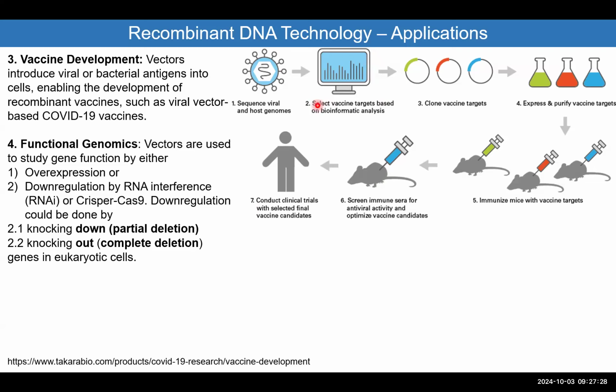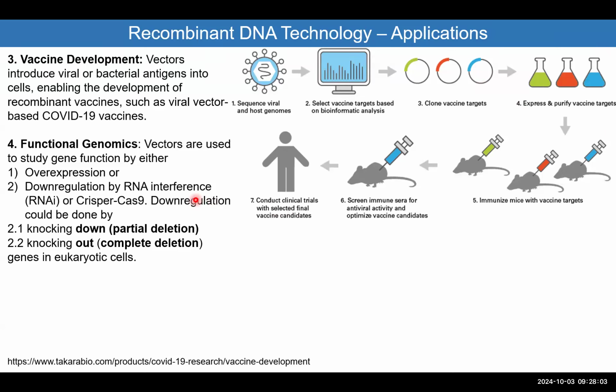What I'm trying to tell you is, if you have a virus that you don't know anything about, like COVID-19, and we would like to get a vaccine, you have to get the DNA and compare the viral DNA with other viruses so that you get genes very specific to this virus, and then you have to clone these genes. So that's exactly what we studied so far. Now, those steps, I'm not going to really ask about.